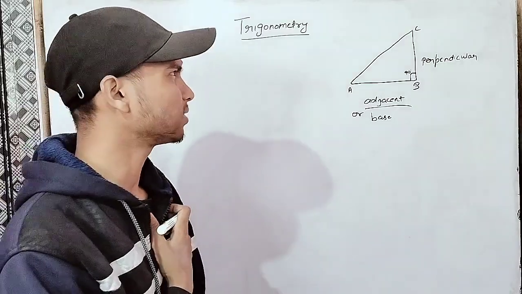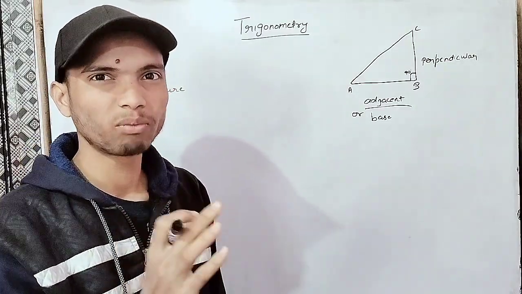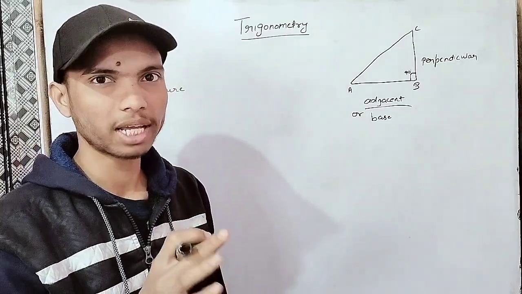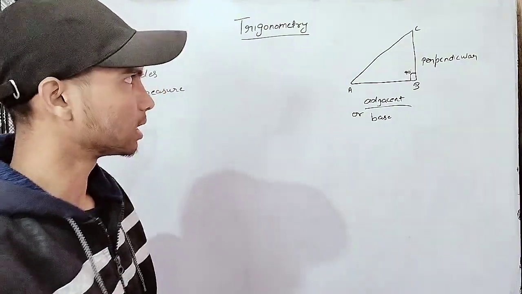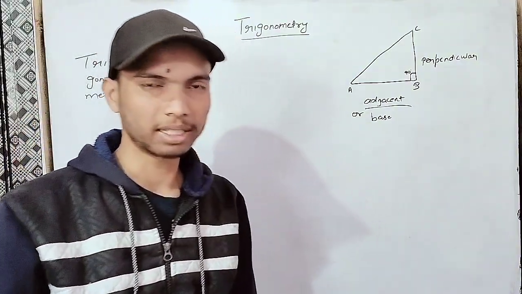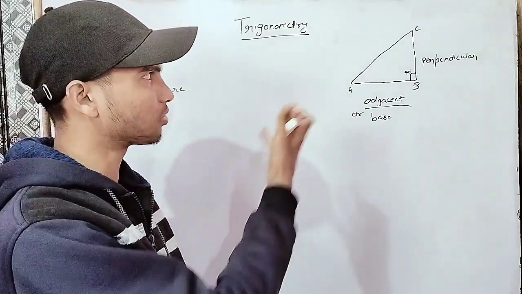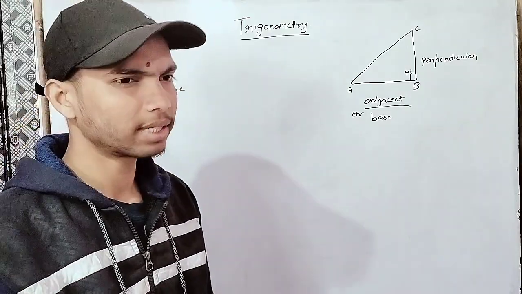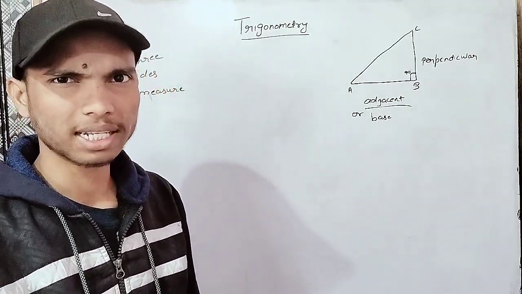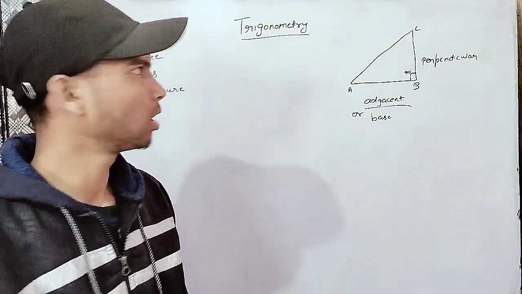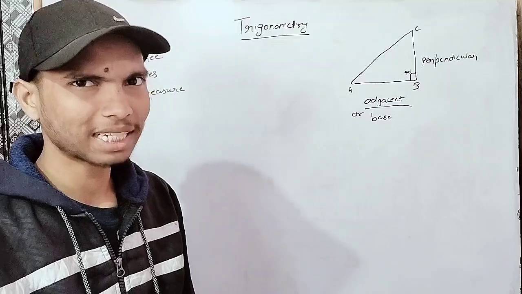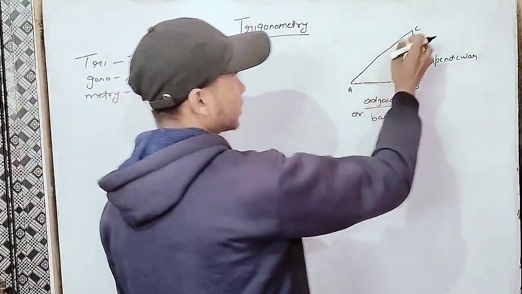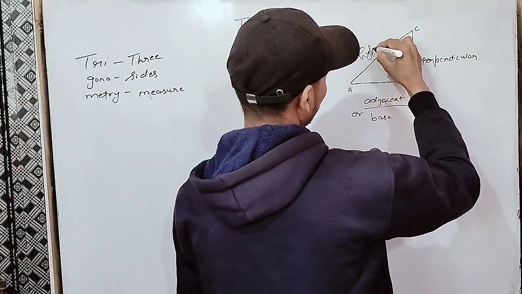Rather than saying slope, we would say hypotenuse. In simple words, we say this is a slope, but in the mathematical way, we say hypotenuse. AC is the hypotenuse.